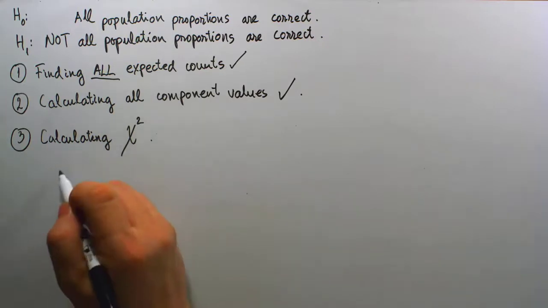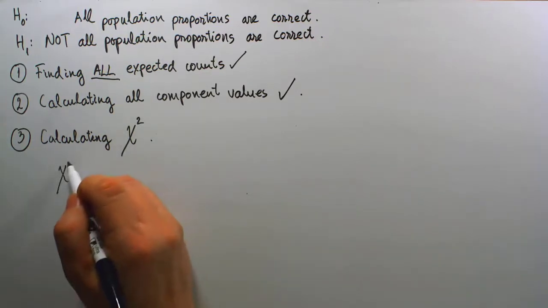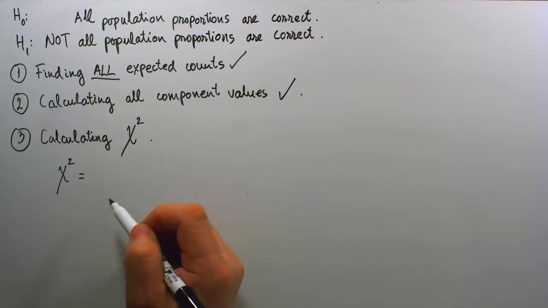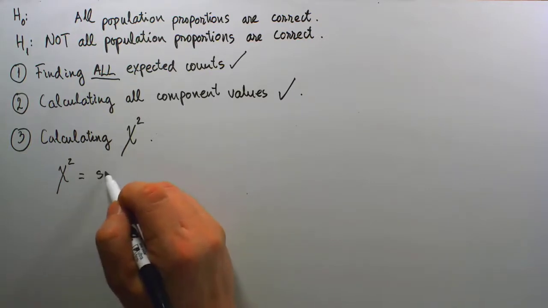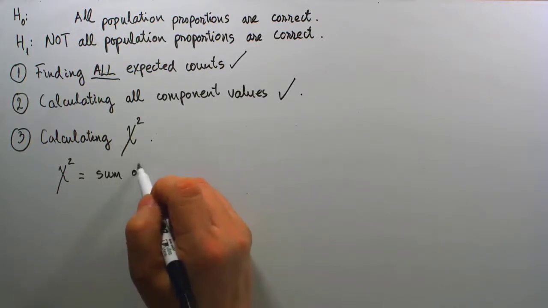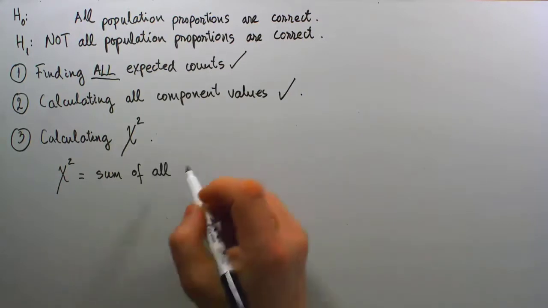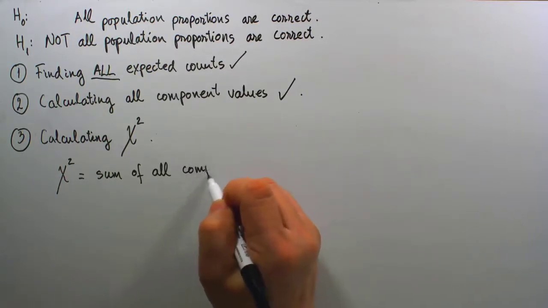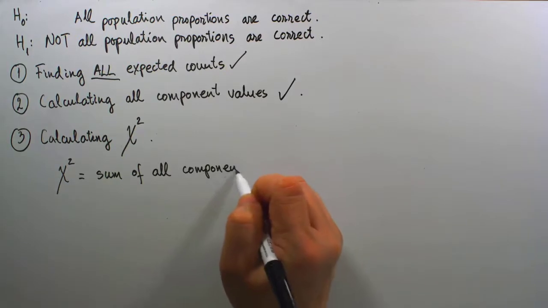As a quick summary, chi-square is found by getting the sum of all components. And that's something to be highlighted.